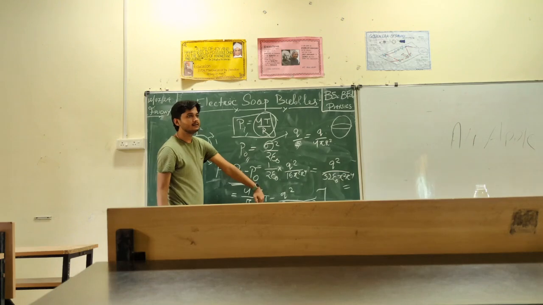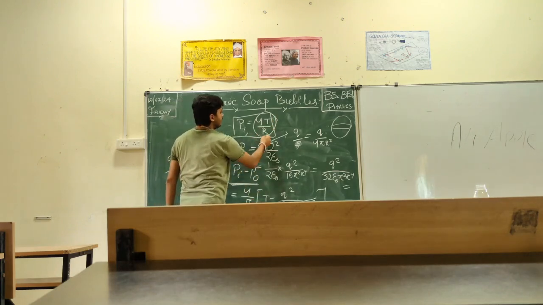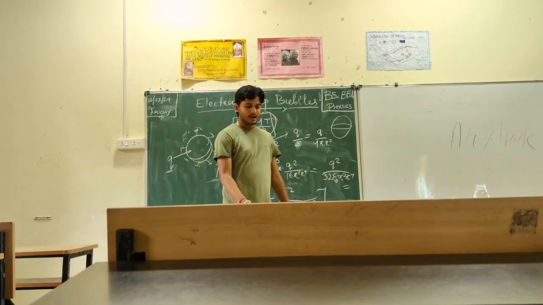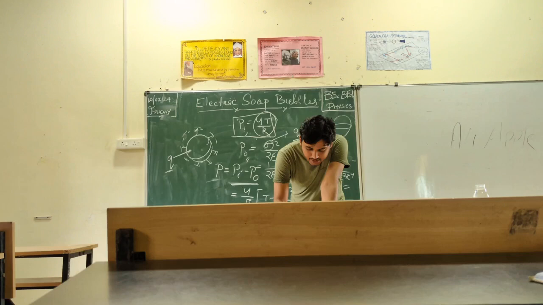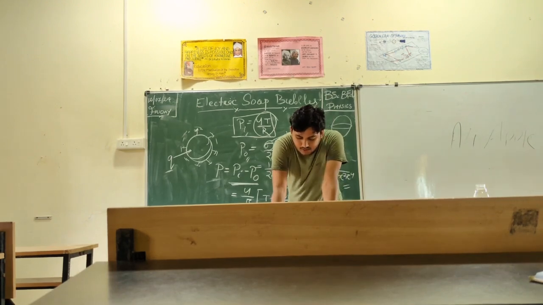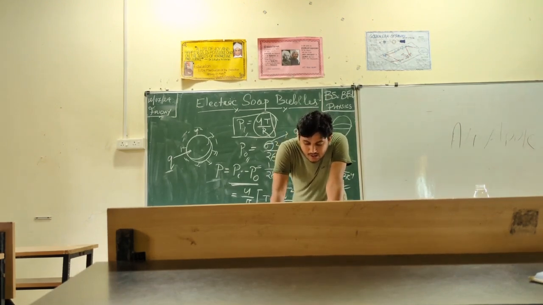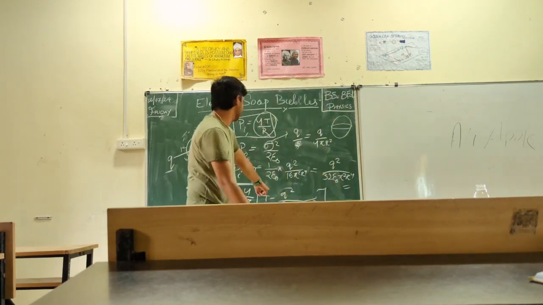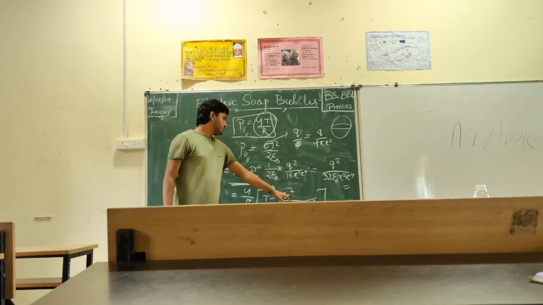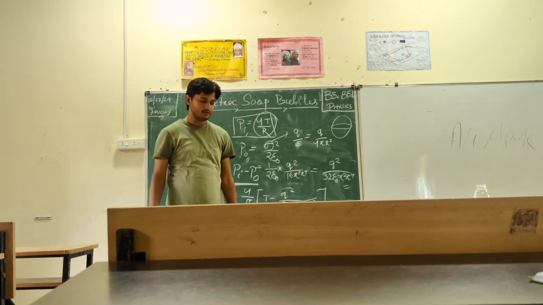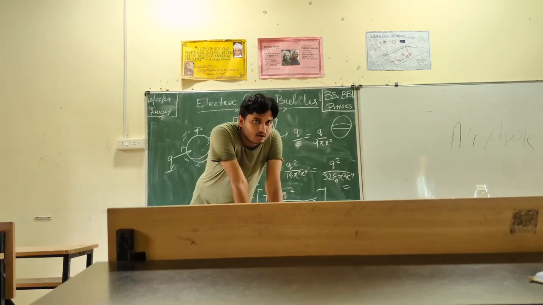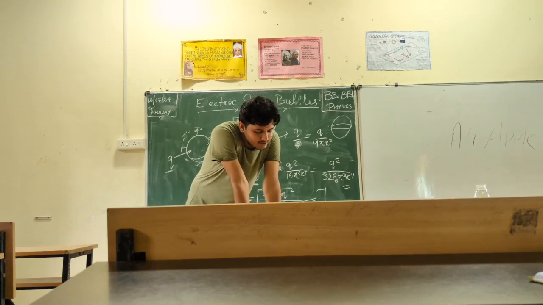So surface tension decreases from T to T minus Q square by 128 pi square epsilon naught R cube. Due to this, the size of the bubble increases.